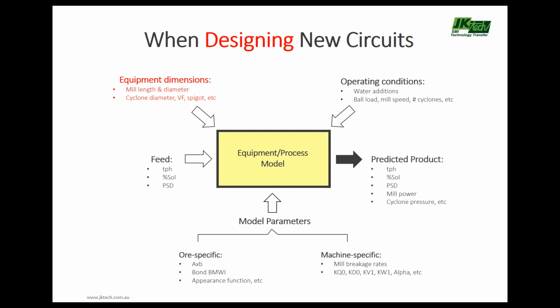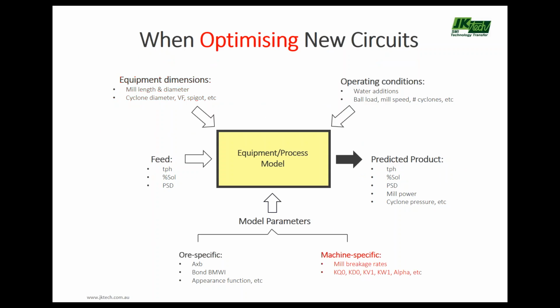Okay, so how do models work when doing one or the other major function, when designing or when optimizing comminution circuits? For example, when we optimize comminution circuits, the circuit exists, the circuit is there, so we can measure everything.